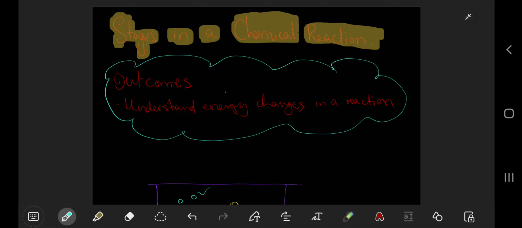We understand the energy changes. Energy is absorbed just before the reaction can occur, and energy is released when new bonds are formed. And by understanding these energy changes, we can see that we can have two types of reactions, endothermic and exothermic, depending on the energy changes that occur in that chemical reaction.